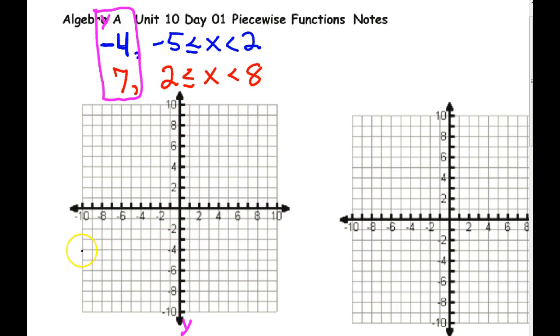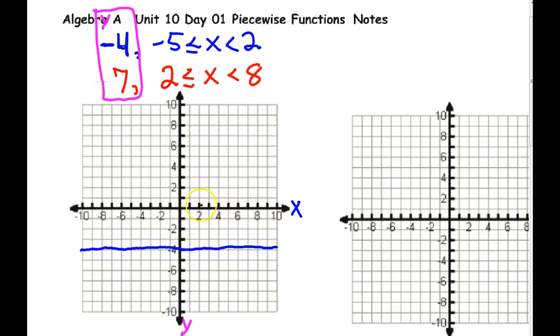That line is going to be on here in some fashion. It's going to be a horizontal line, but it's going to start at x equals -5 and stop at x equals 2. So then you go to the x-axis, you find -5 and 2.